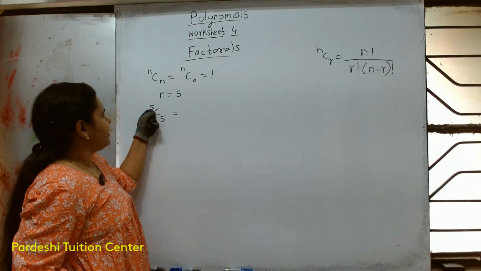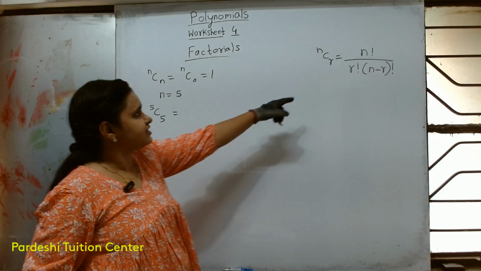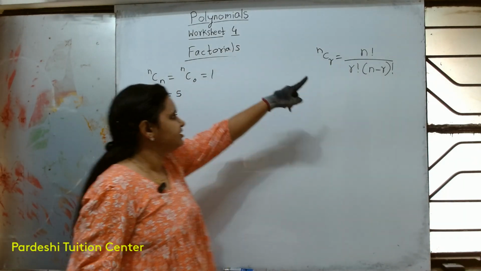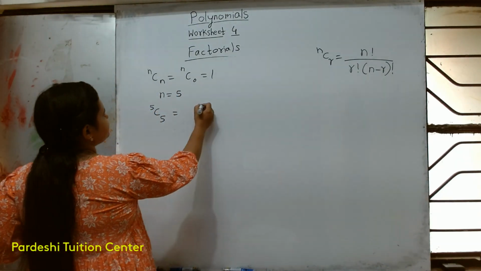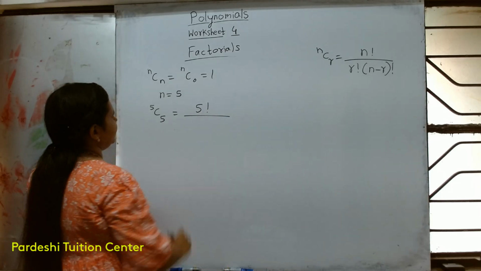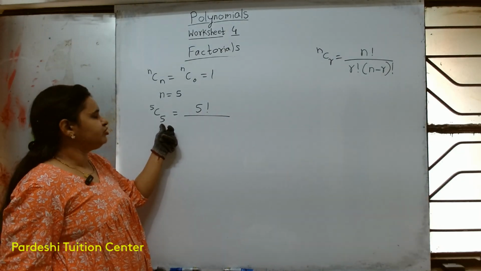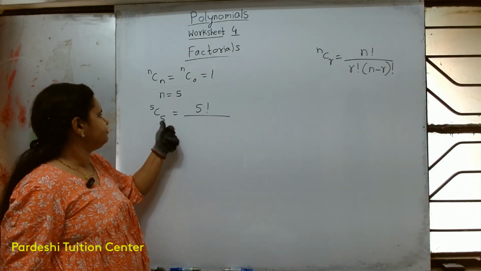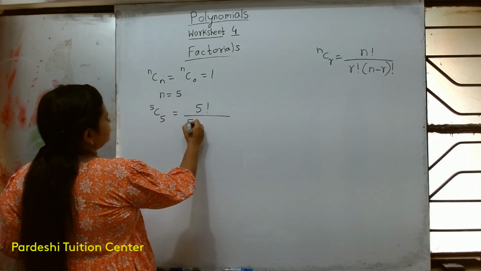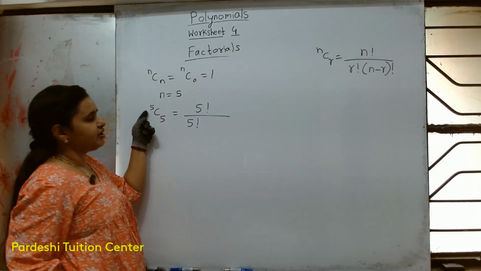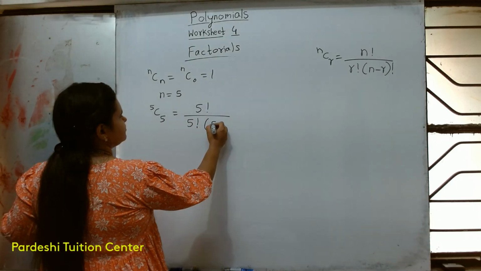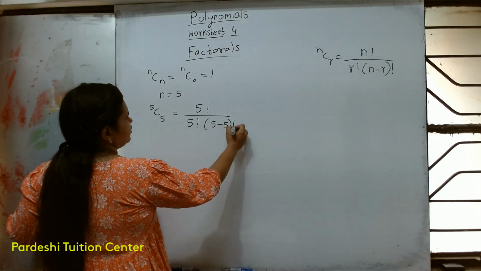So 5C5 means just put in the formula: n factorial means 5 factorial, and here r is also equal to 5, so it will be 5 factorial, and n minus r means (5 minus 5) factorial.